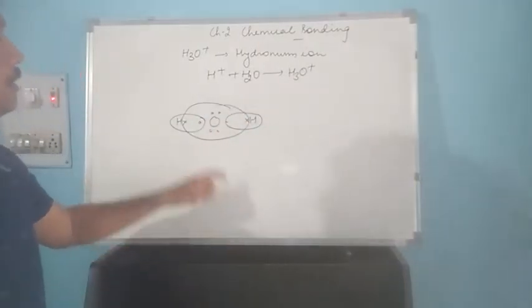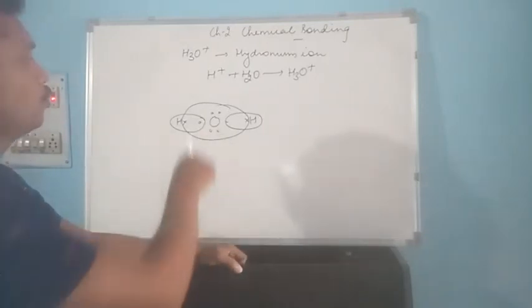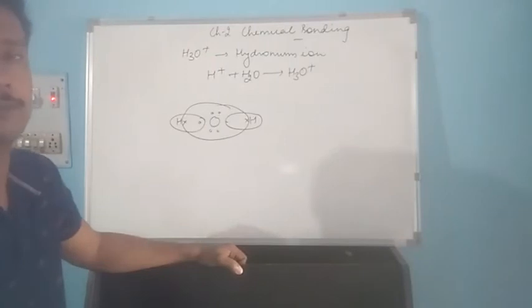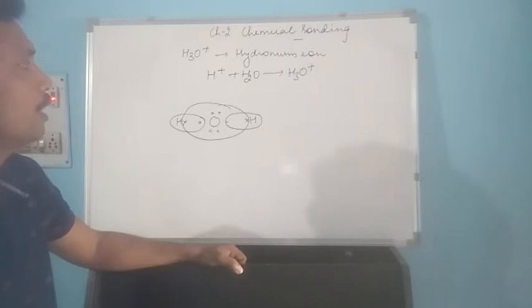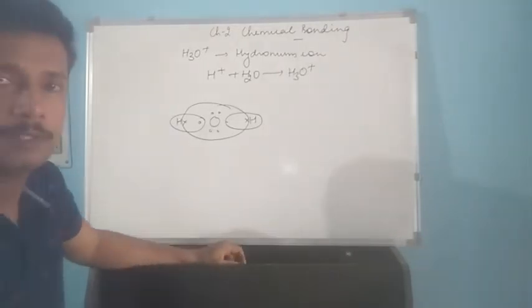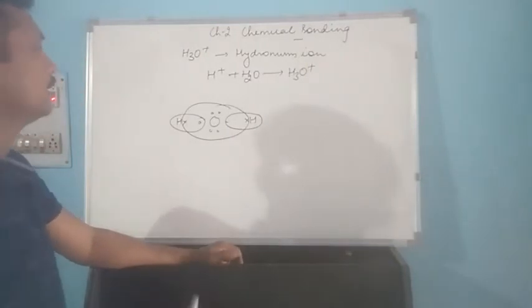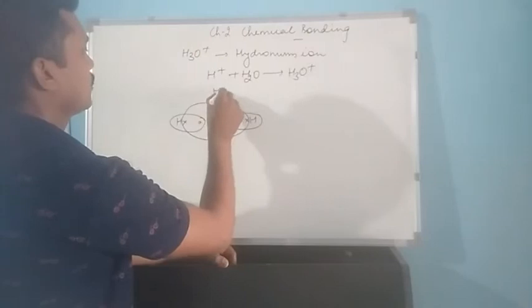Now you can see in this oxygen atom there are 2 lone pairs of electrons, and it is this lone pair of electrons from the oxygen atom of water molecule that will be provided entirely to hydrogen ion, H plus ion.